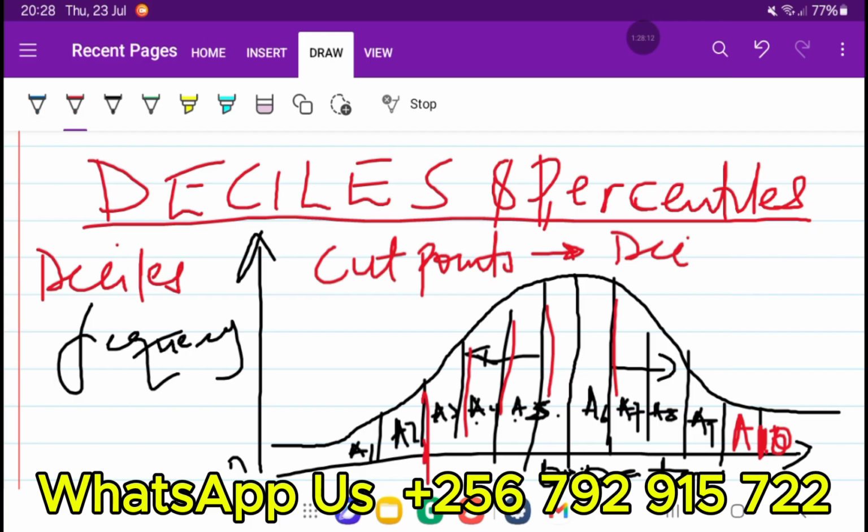We will have the first decile, second decile, until we reach the 10th decile. And all these regions are equal. A1 is equal to A2, is equal to A10. All of them are equal.